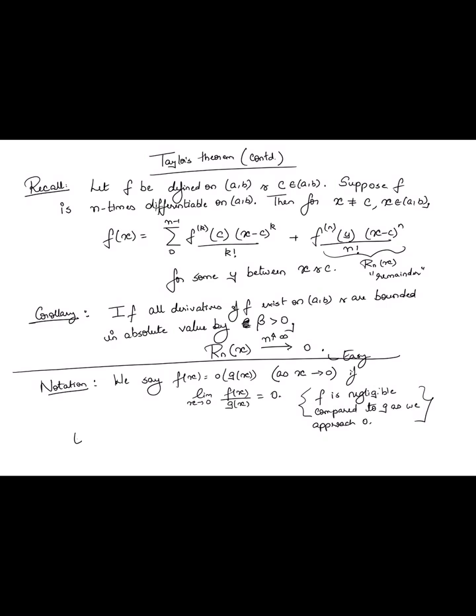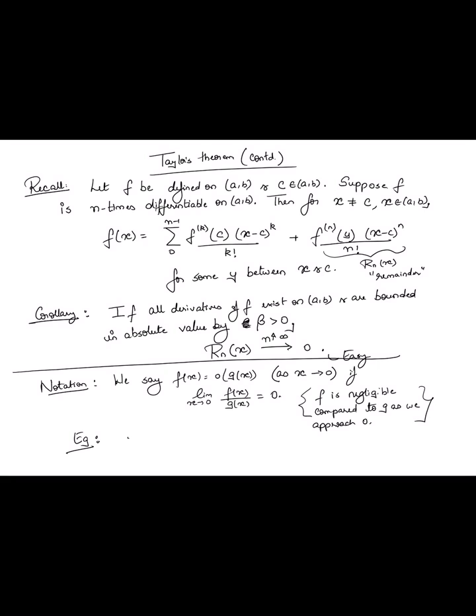As an application of this, and the connection to Taylor's theorem will become apparent shortly, but at this point just take this as a definition: f of x by definition will be called little o of g of x if f is asymptotically negligible to g, where in this case the asymptote is as x tends to 0.